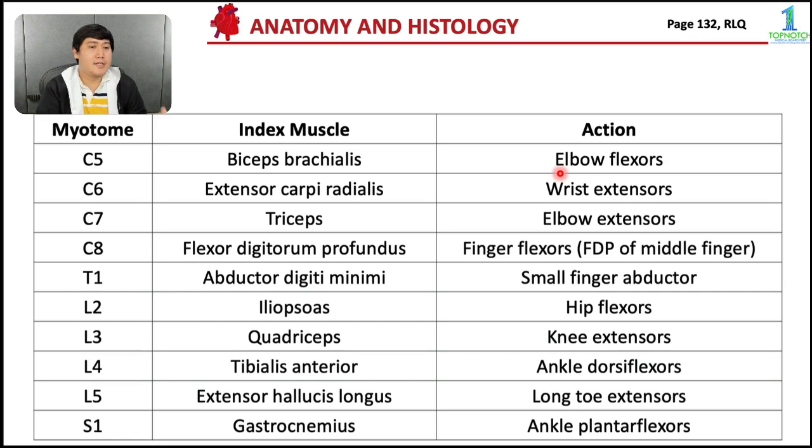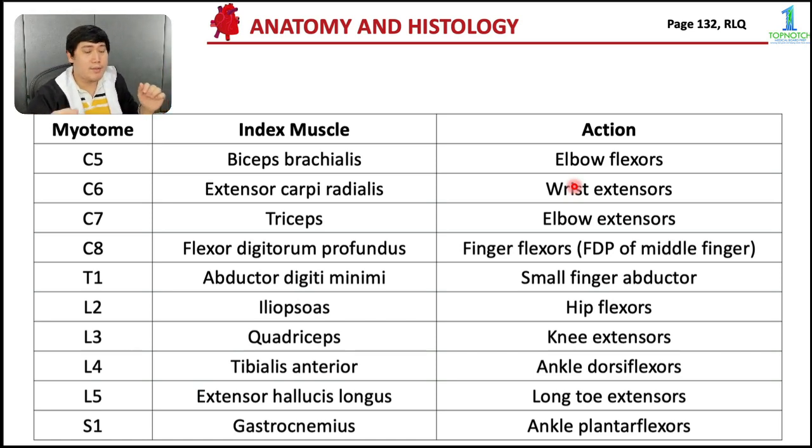Again, C5 for elbow flexion, C6 for wrist extension, C7 elbow extension, C8 finger flexion, T1 finger abduction.